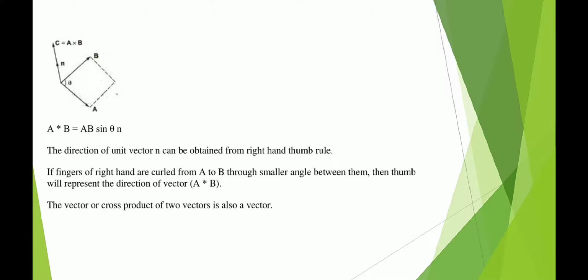The direction of unit vector n can be obtained from the right hand thumb rule. If fingers of the right hand are curled from A to B through the smaller angle between them, then the thumb will represent the direction of the vector A cross B. The vector or cross product of two vectors is also a vector.